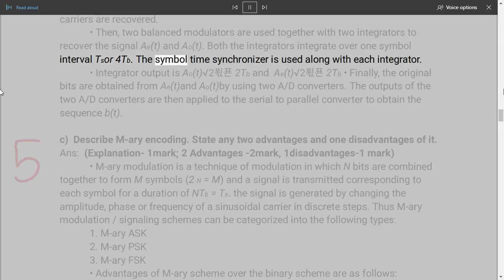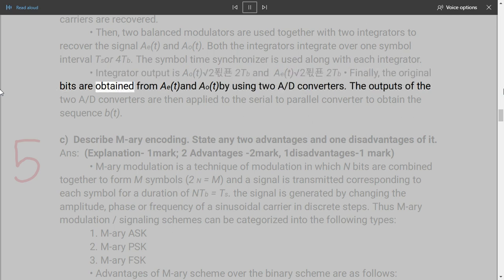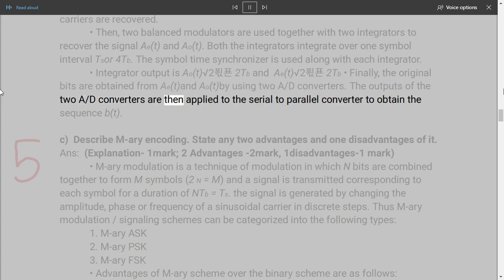The symbol time synchronizer is used along with each integrator. Integrator outputs are Ao(t) square root 2 Tb and Ae(t) square root 2 Tb. Finally, the original bits are obtained from Ae(t) and Ao(t) by using 2 A/D converters. The outputs of the 2 A/D converters are then applied to the parallel to serial converter to obtain the sequence b(t).